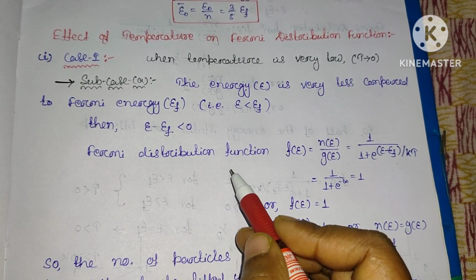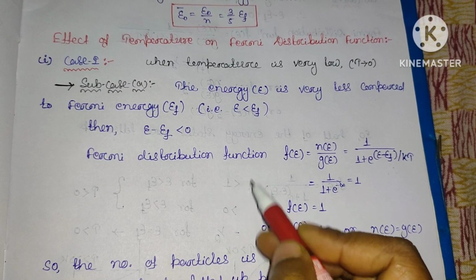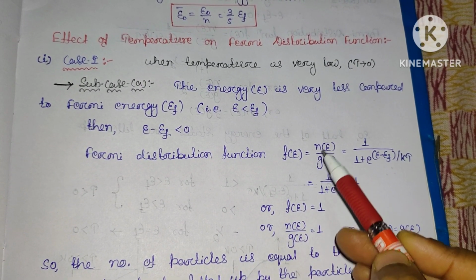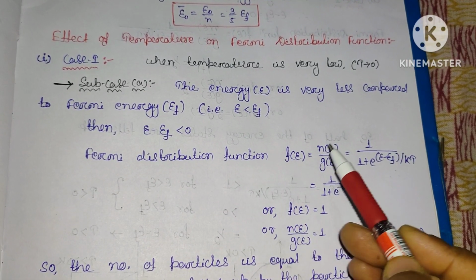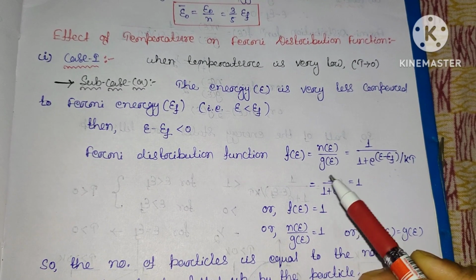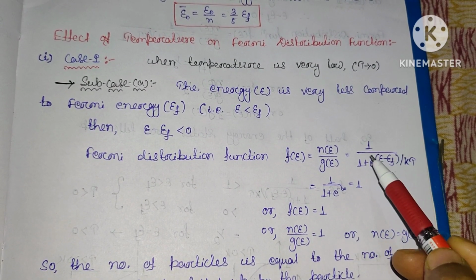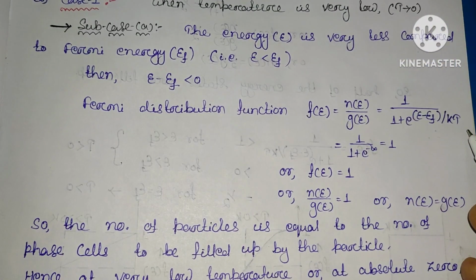If you remember, if we consider a phase space and divide it into equal cells, then we can define that f of E, the Fermi distribution function, is the total number of particles per cell. So that will be equal to 1 divided by 1 plus exponential E minus EF by kT.